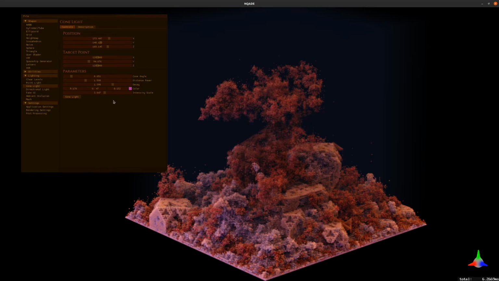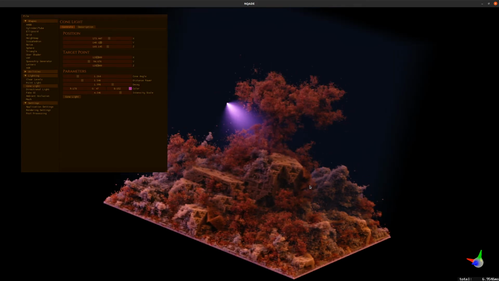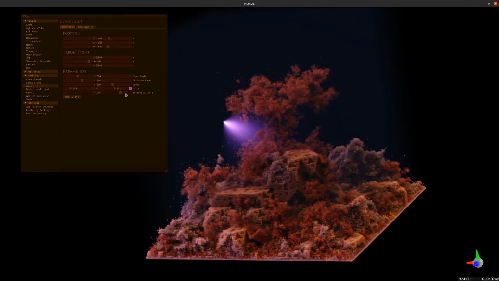So every voxel has a compute invocation associated with it, and it does the setup math and checks for occlusion all the way through the volume to the light source, or from the light source to the voxel.